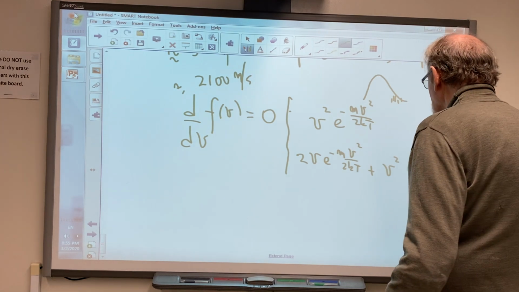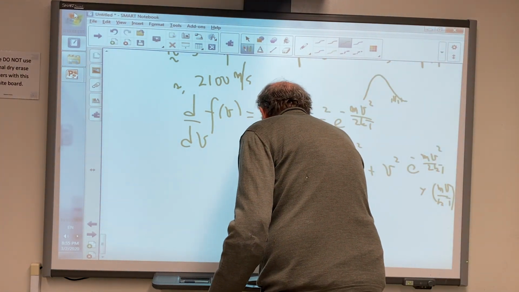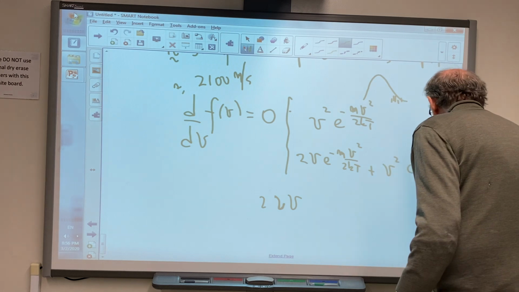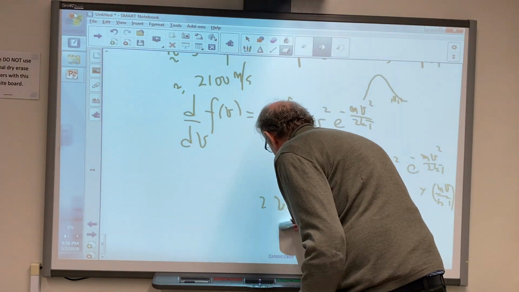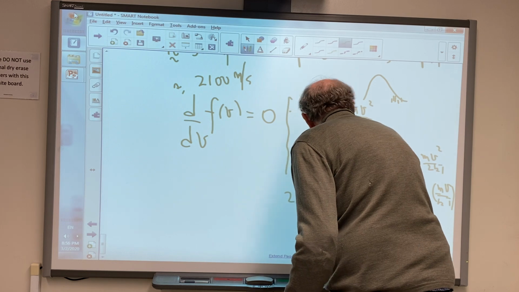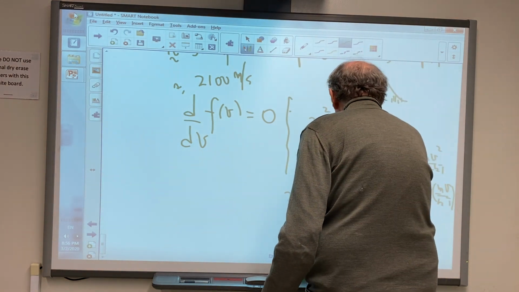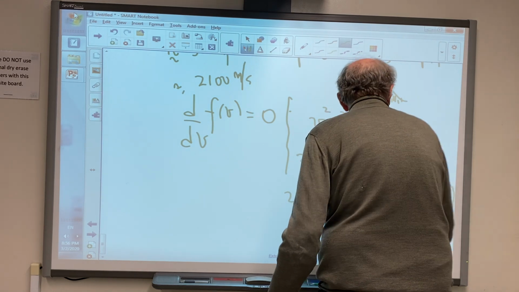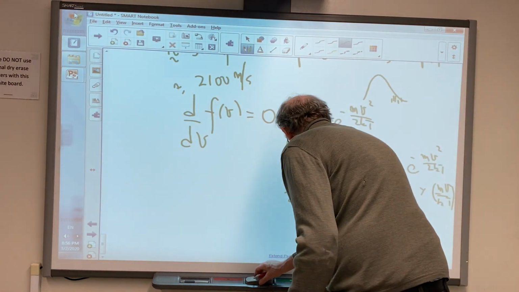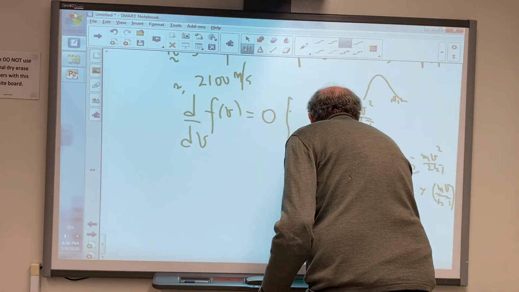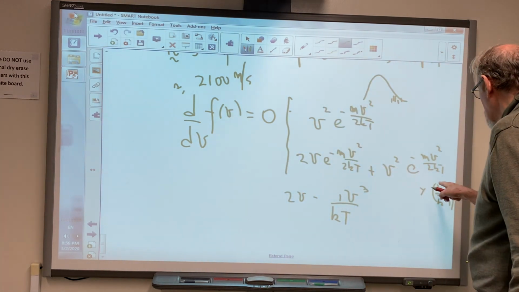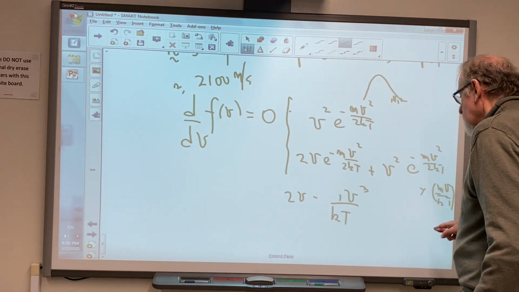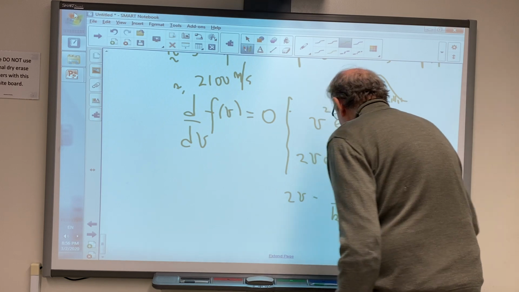So if you look, we get 2v. I need to have the minus here, sorry. 2v minus v cubed m over kT is equal to 0.